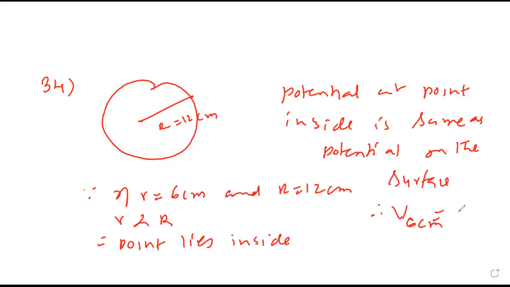Calculate the potential on the surface. Potential at 6 will be same as potential on the surface, which is 100 volt. Clear? Just copy the first part, then we'll see the second. Potential anywhere inside is same as that on the surface.